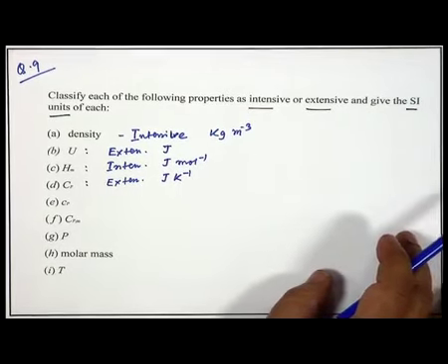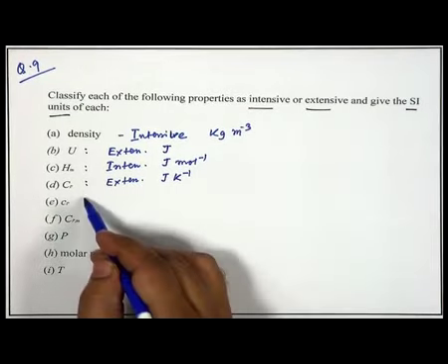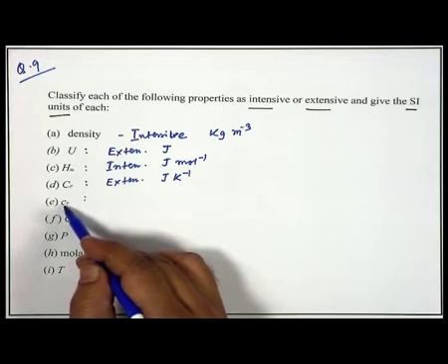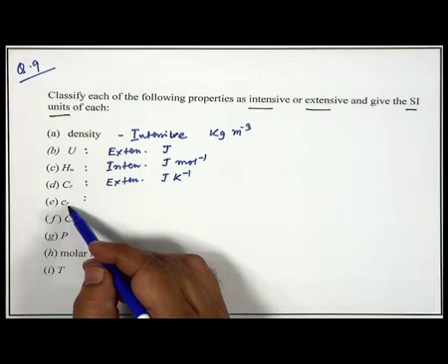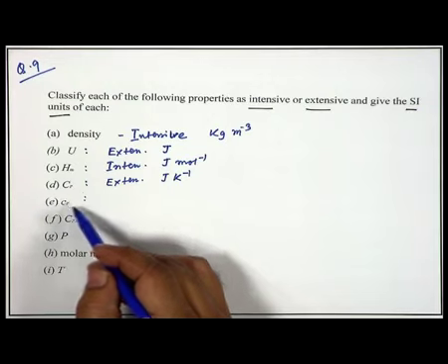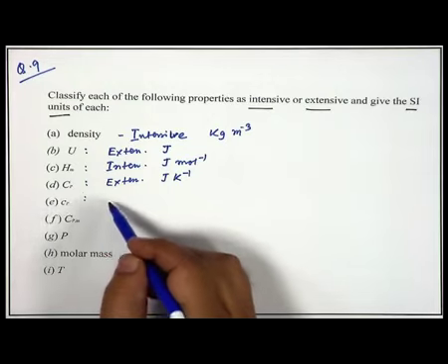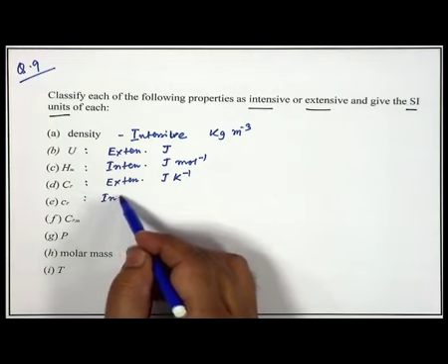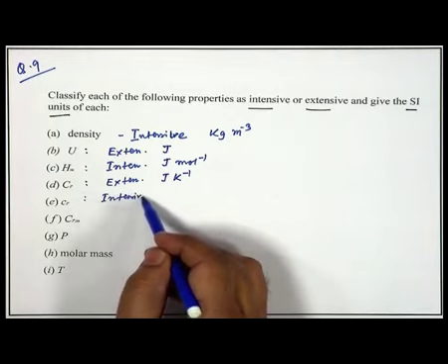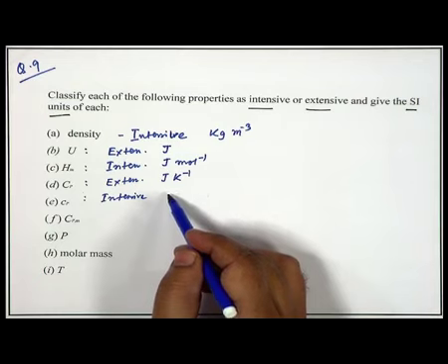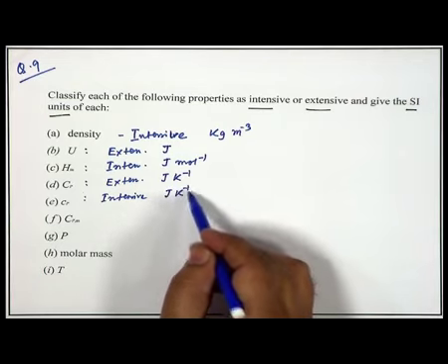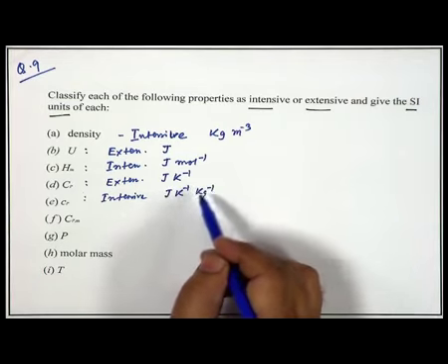So, joules per Kelvin. This is a smaller letter c, so it is a specific heat capacity at constant pressure, per gram, which means it is an intensive quantity. So, it will be joules per Kelvin per kg.